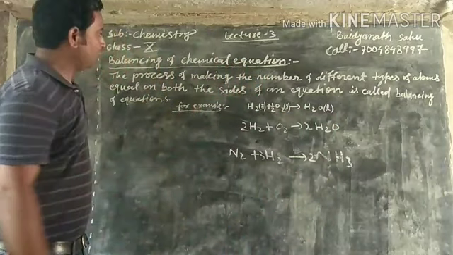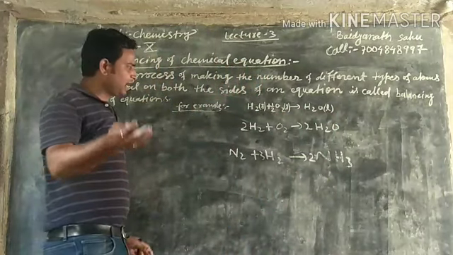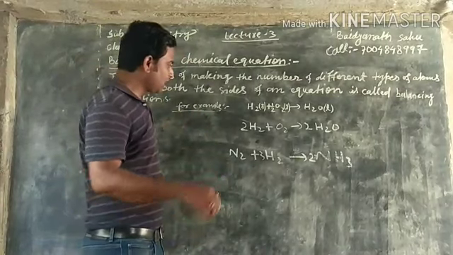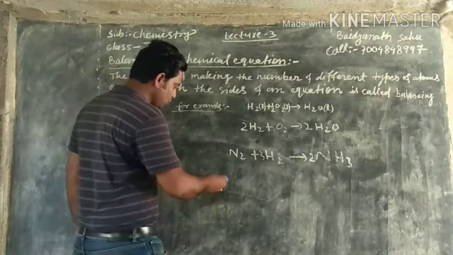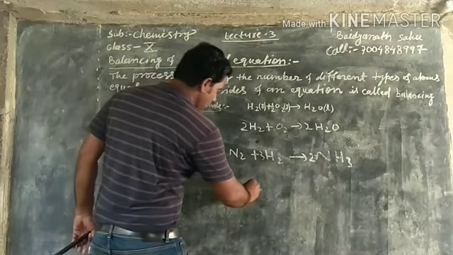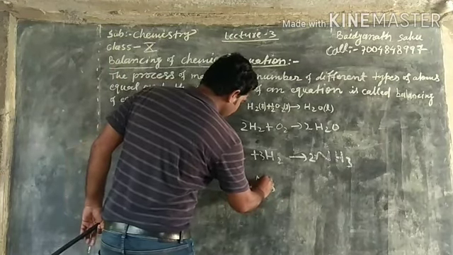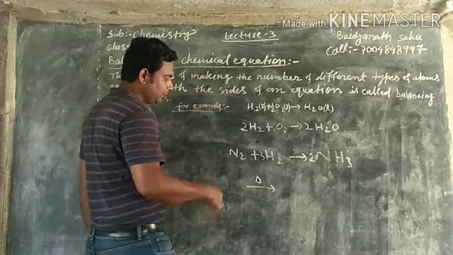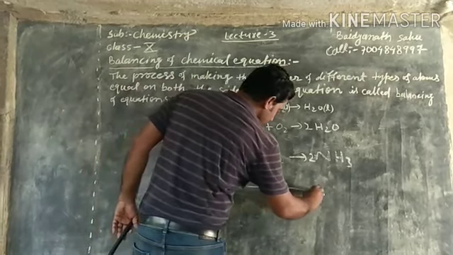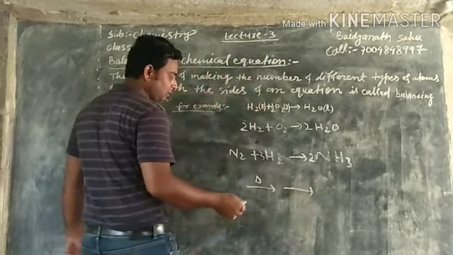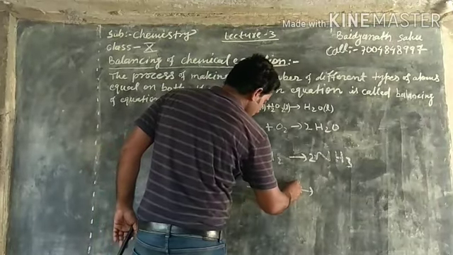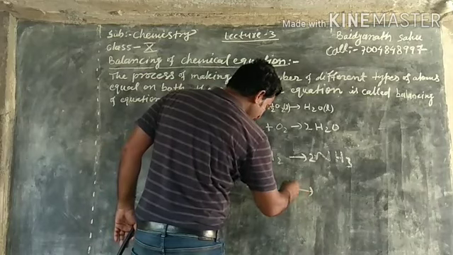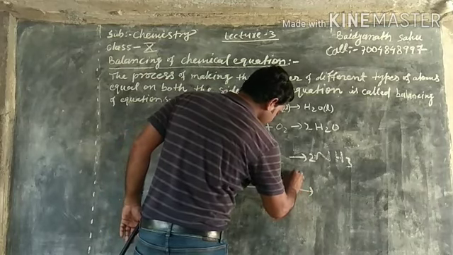When some reactions occur on heating, then in that condition we have to put delta on the arrow. If some reactions occur in the presence of sunlight, you can simply write sunlight.